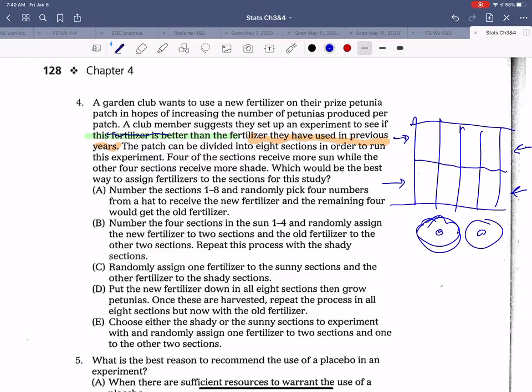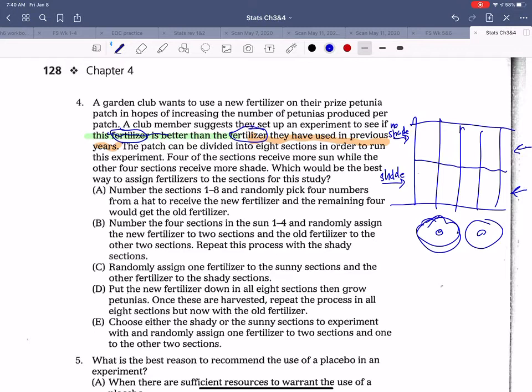We want to make sure we either randomize, or we know that we might accidentally get the new fertilizer in the shady section or the good section. So we want to be equal with that. Okay.